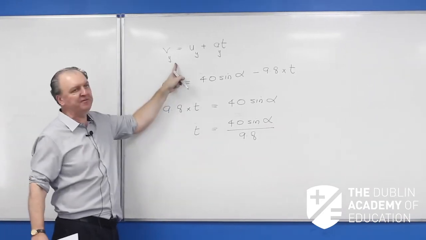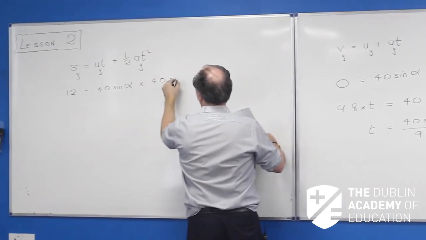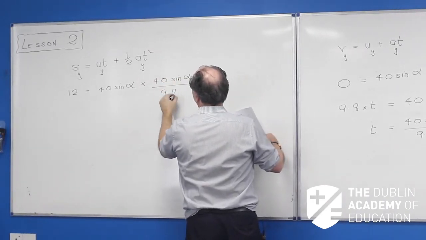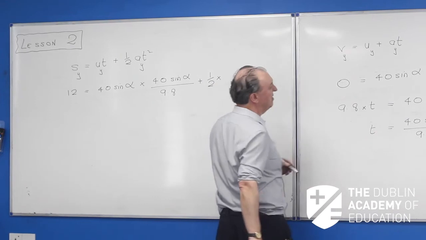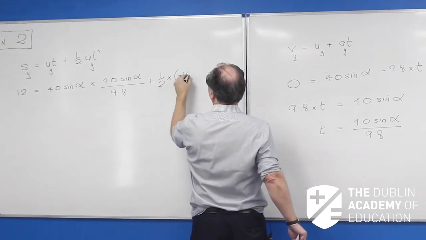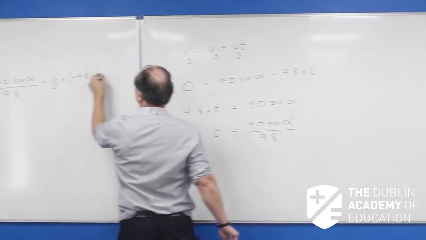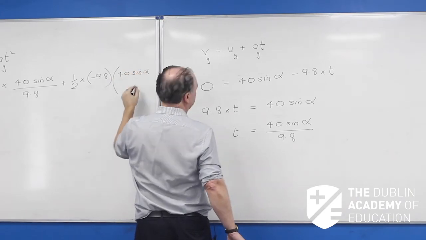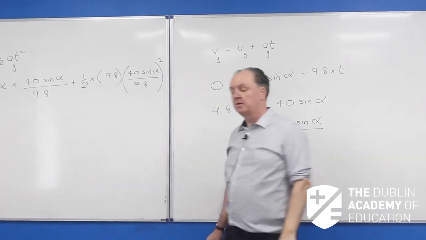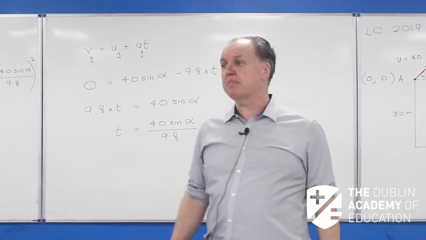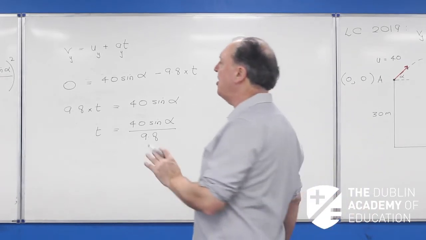Here's the time that I got from the Vy equation being equal to 0: 40 sine alpha divided by 9.8, plus a half, Ay, minus 9.8, by t squared. It's going to be this stuff here, 40 sine alpha divided by 9.8, all squared. So it looks a bit nasty, but the nice thing about it is I'm only missing one variable, alpha. So I want to solve that for alpha.